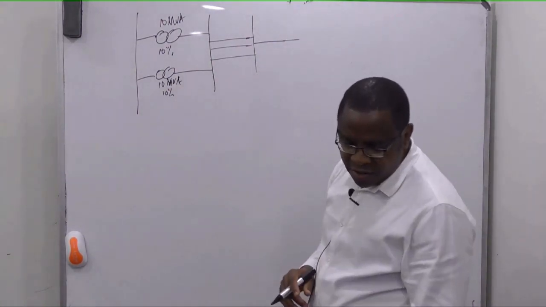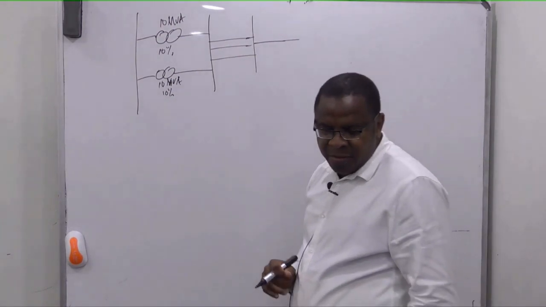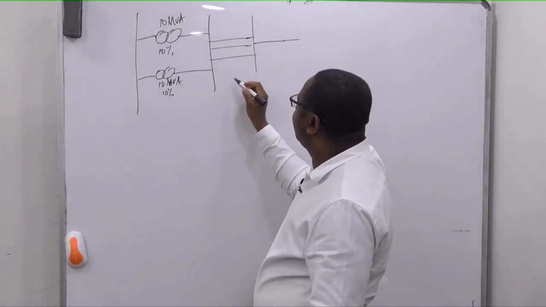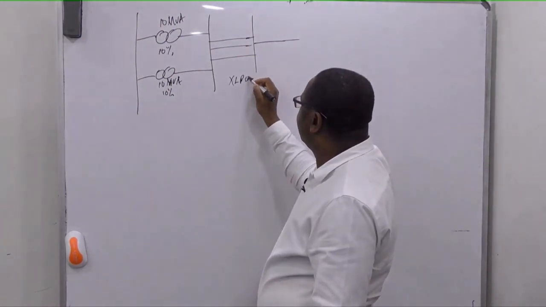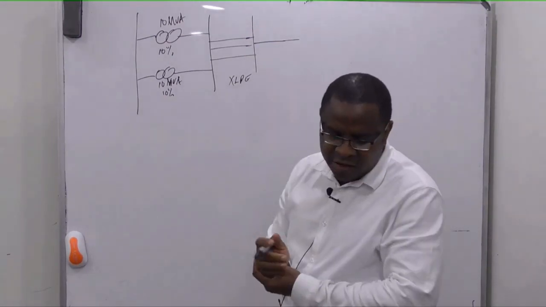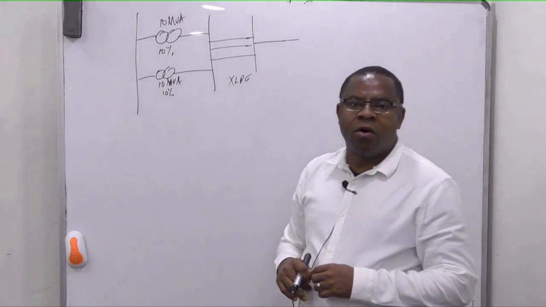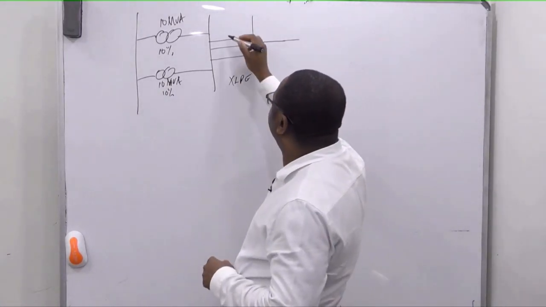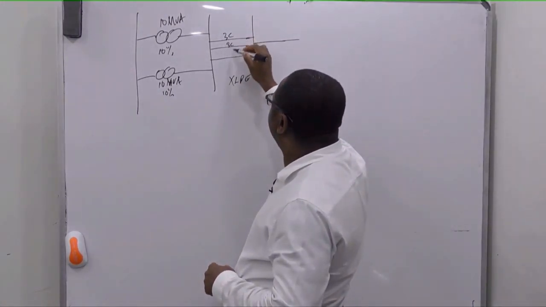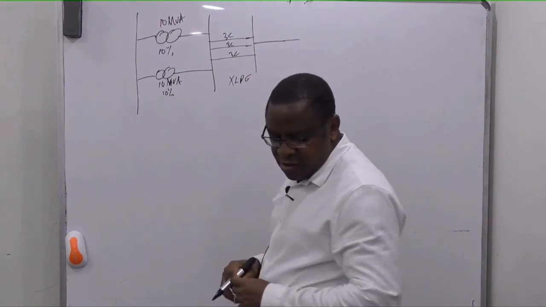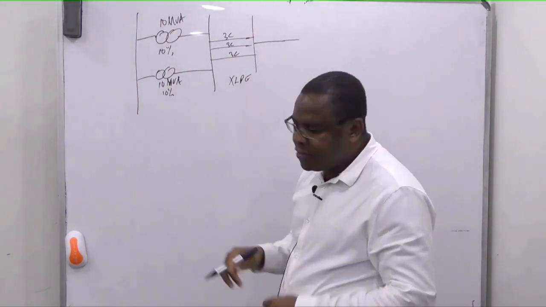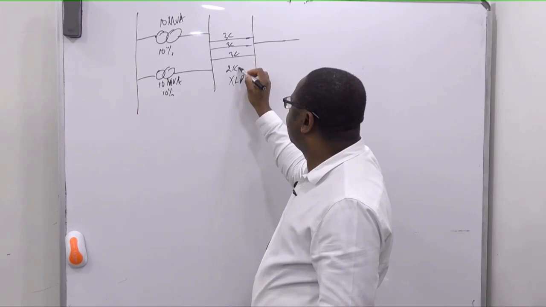And we're given the cable. It's an XLPE cable. This and this, there are three of them, and each is 3-core. The distance is 2 kilometers.